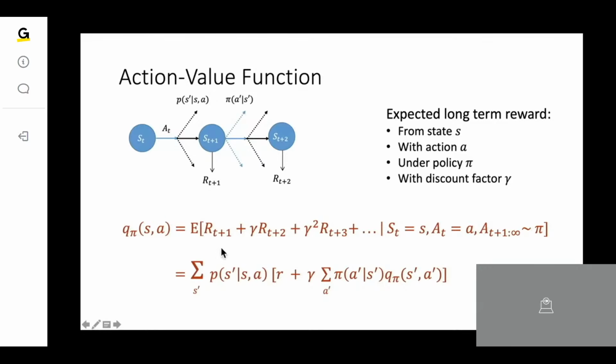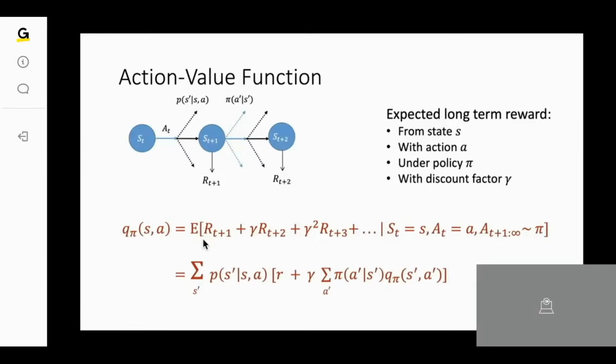That is why first we average over the probabilities of next states, P of S prime given S comma A. And then the quantity in this bracket is the immediate reward plus the discount factor times the long-term reward from the next state S prime, averaging over all the possible actions that can be taken there. So it is the first state and the action, and then the first averaging is over all the possible next states, and then the next averaging is over all possible actions that can be taken from the next state. That gives us the expansion for the value function.